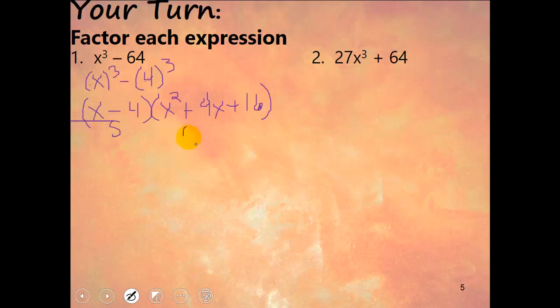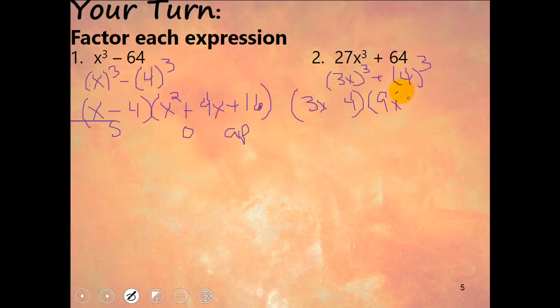Same, opposite, always positive. All right, for the second one, I have 3x that's being cubed, and I have 4 that's being cubed, and it's the sum. So I'm going to do 3x and a 4. Then I'm going to square 3x, and that's going to give me 9x squared.